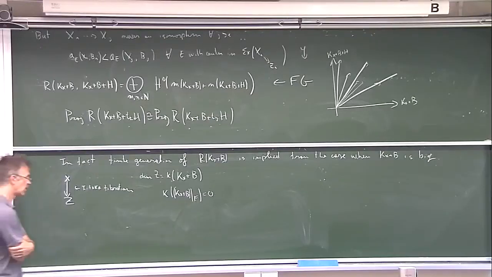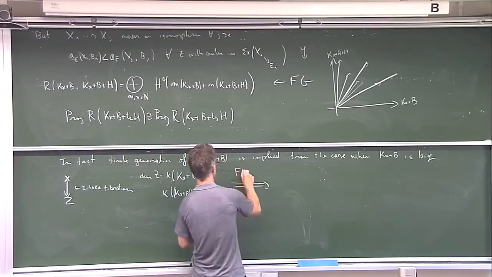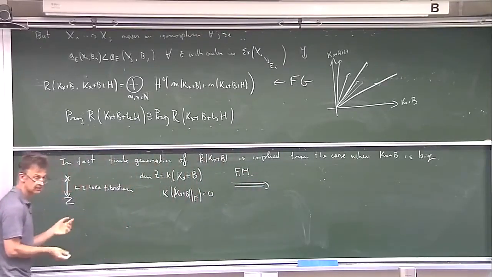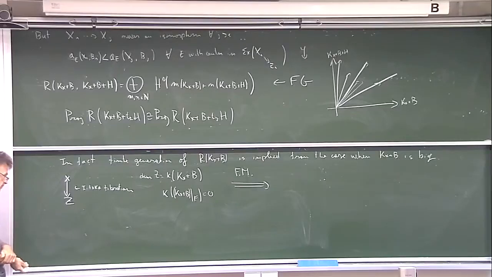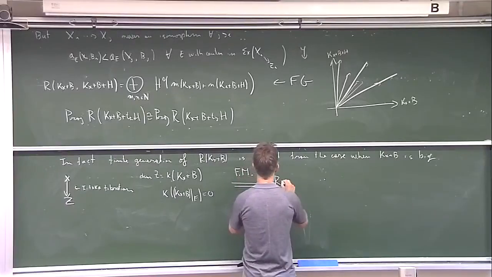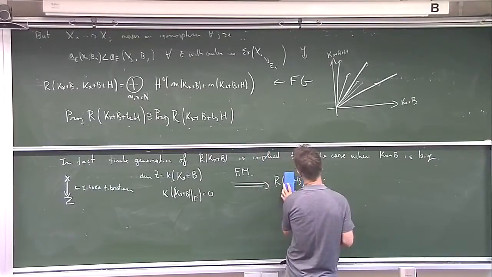Okay, so now, by a result of Fujino-Mori, which is somewhat technical, so you have to state it exactly right, but the point is that you can assume the ring of K_X plus B, some truncation. So let's do it this way.